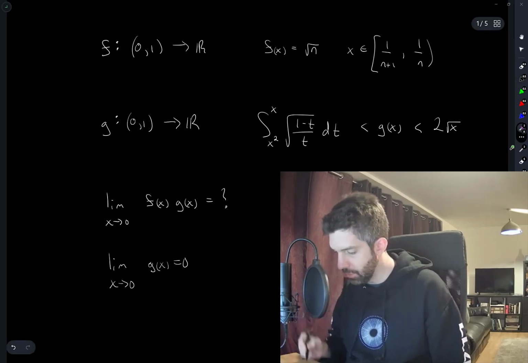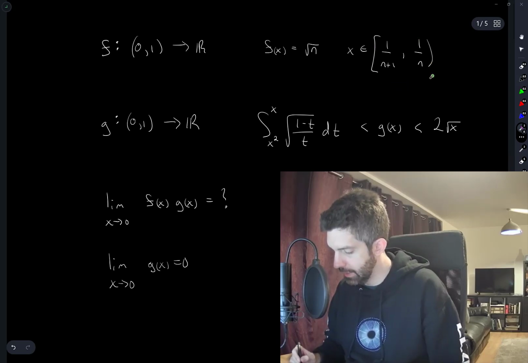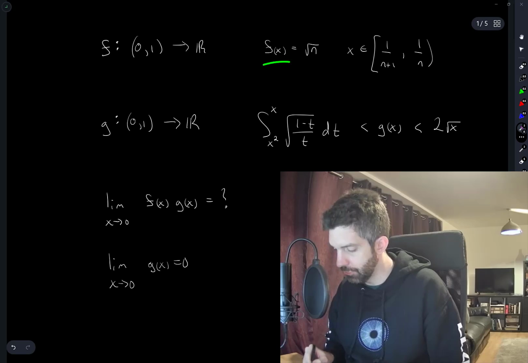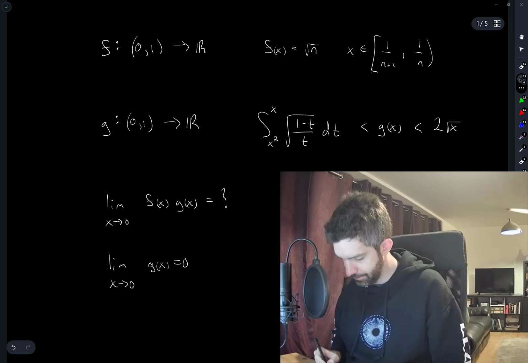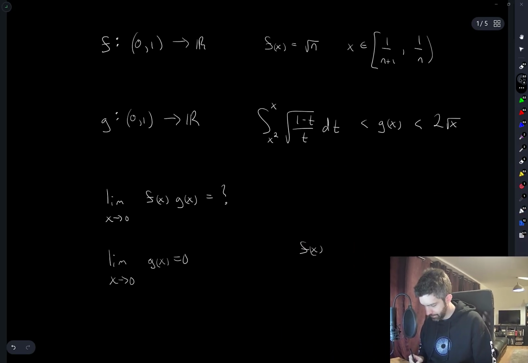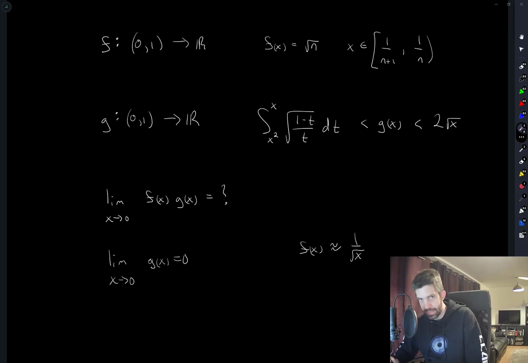Because as x gets smaller and smaller, the interval we fall into has denominators that get larger and larger, so this goes to infinity. f(x) is essentially something like 1 over root x. Of course, we might need to be more precise when computing this limit, but it's something like 1 over root x. This might help us determine whether the limit exists or not.